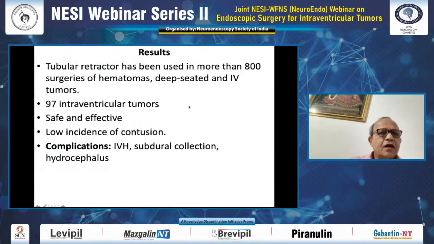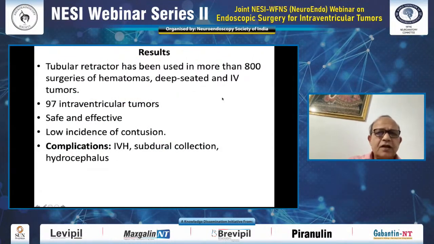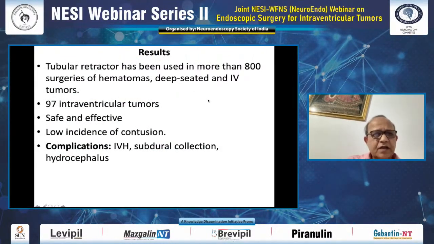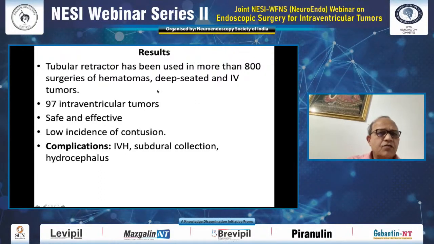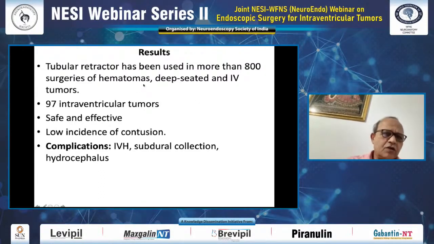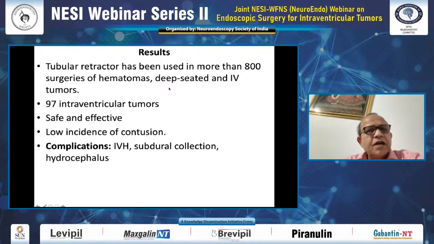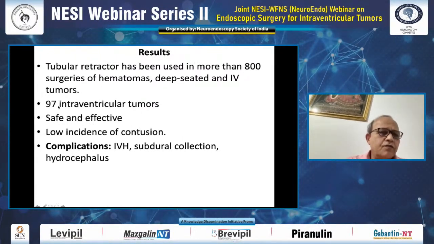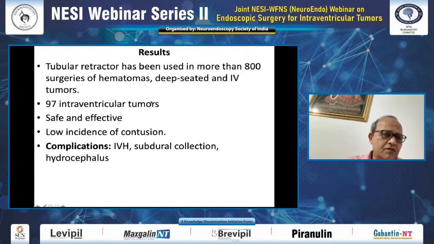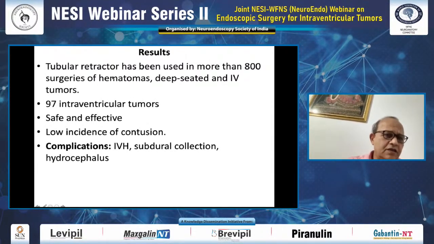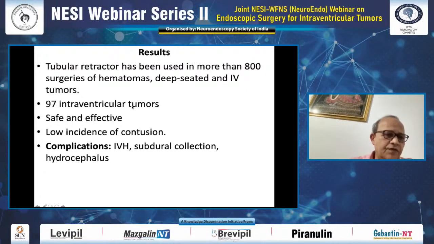So we have used this tubular retractor in more than 800 patients of hematomas, intraventricular or basal ganglion or thalamic, and deep-seated tumors and intraventricular tumors. Of these, 97 were intraventricular tumors. This technique was found to be safe and effective.